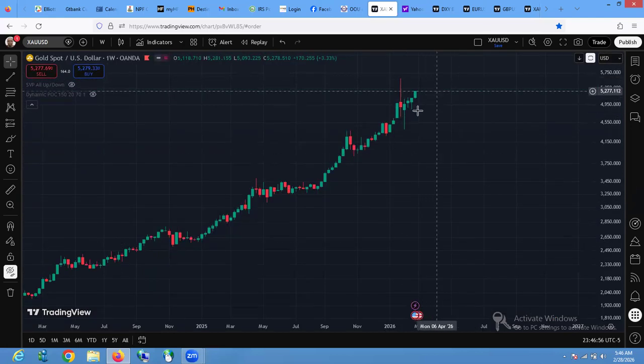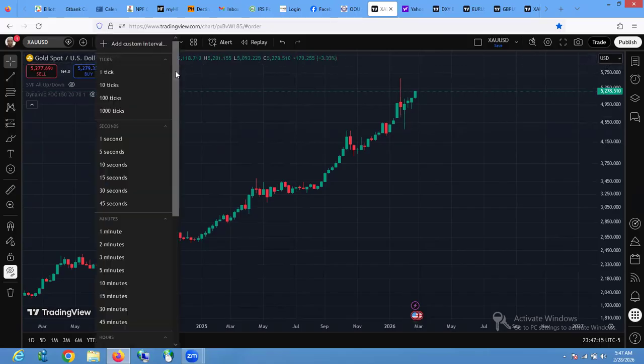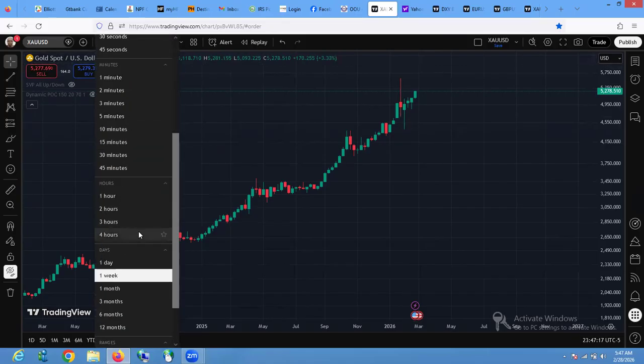Price is gradually grinding to the upside. We are almost about eroding 78 extension or retracement of this move to the downside. Once we breach 78 retracement, then the price is going to do with 5 and break up. So that is what it looks like on the weekly time frame.